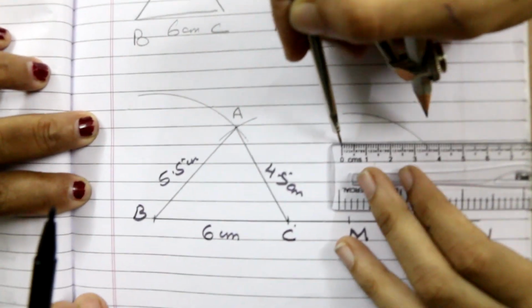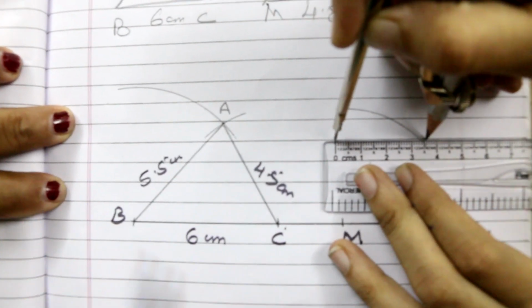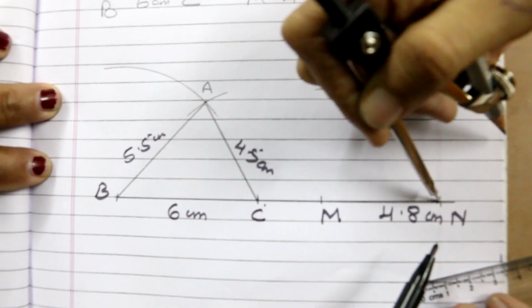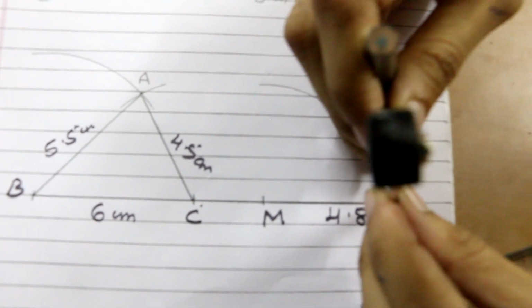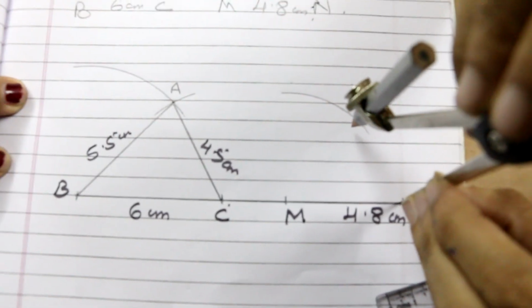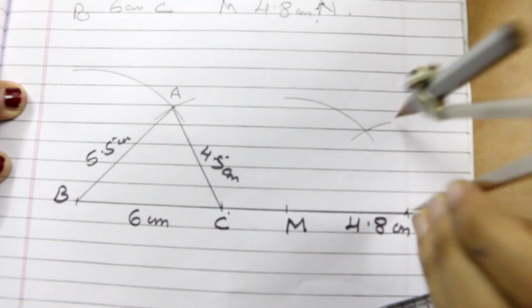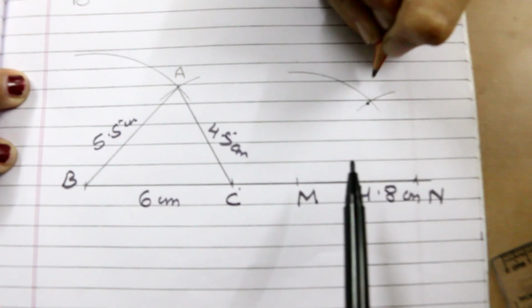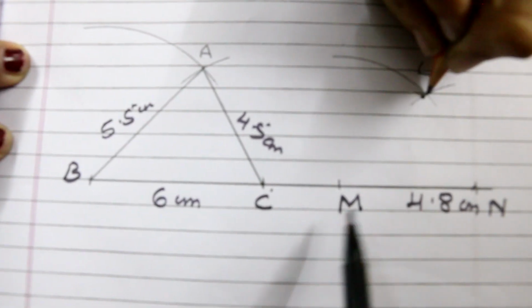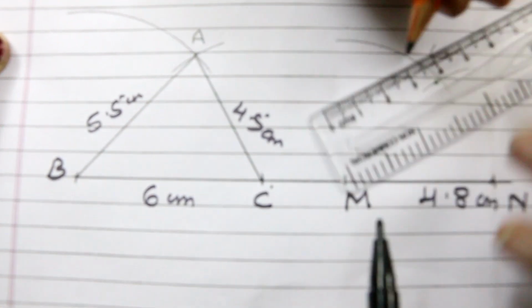Adjust the compass 3.6. Very good. Keep the pointer at N and give an arc. Yes. Join. This point is labeled as L. Join LM and LN.